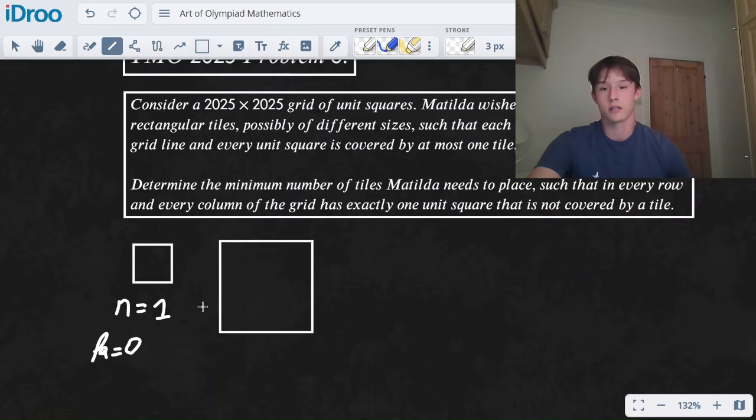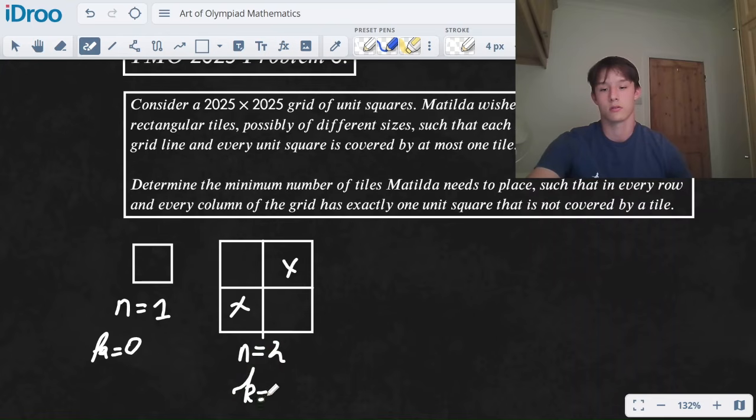Now, the other case is 2 by 2. The funny thing about 2 by 2 is that you basically cover these two squares, so you'll need at least 2 rectangles.